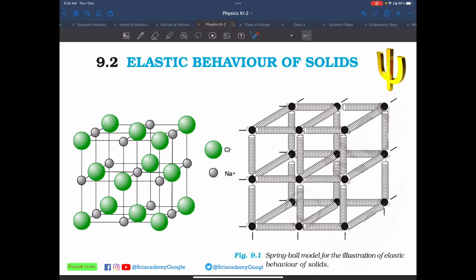Such type of bond is known as ionic bonds, and they are attached together by the forces known as interatomic forces or intermolecular forces.